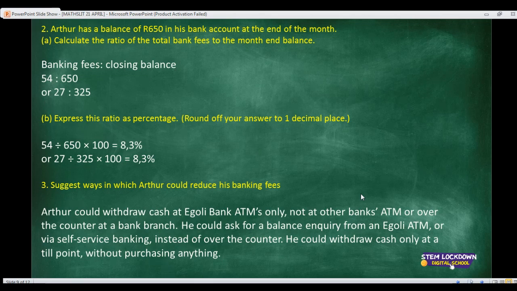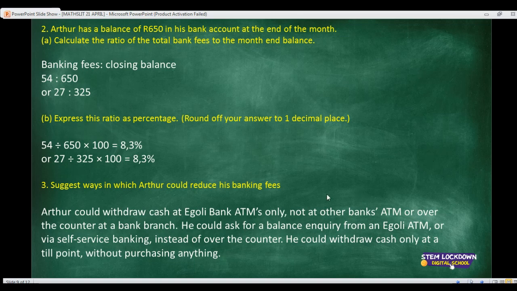These days, there's cell phone banking, there's internet banking, there's all these things where you can do your banking remotely wherever you are, and you don't necessarily need to be at the bank. So when you can do it on your phone, do it on your phone. If you can do it over the internet at home, do it there instead of going to the bank, because either they won't help you anymore and they'll just direct you to the computer or the ATM, or if they do help you, they'll charge you extra costs for using over-the-counter services.